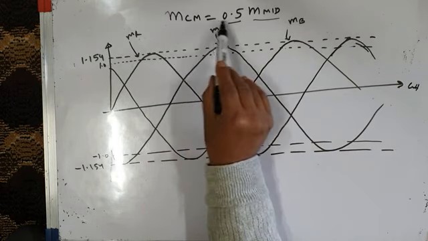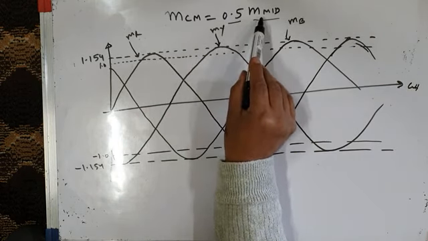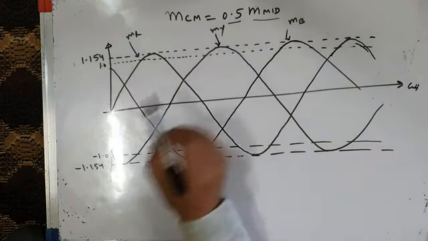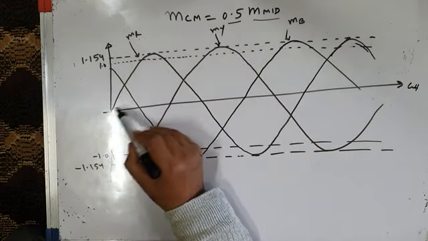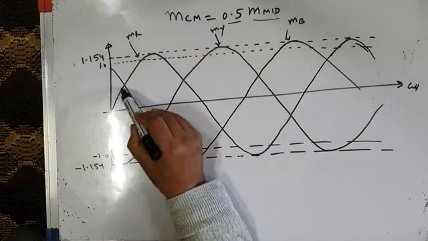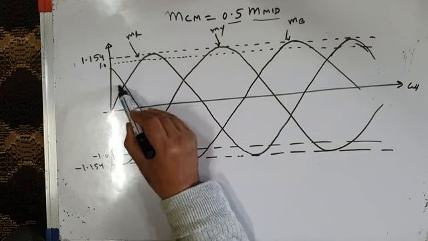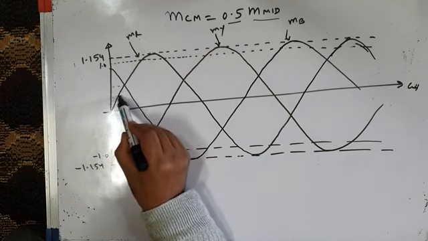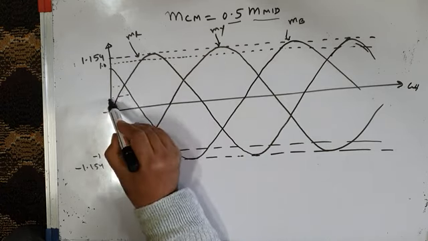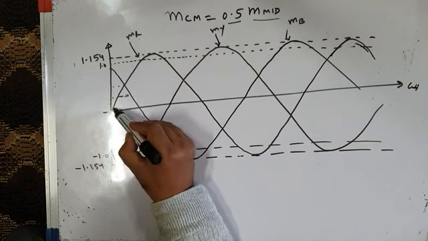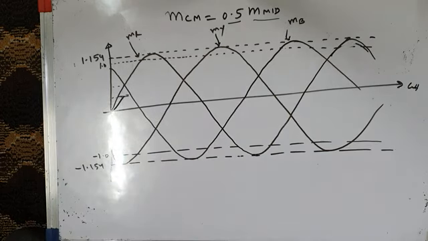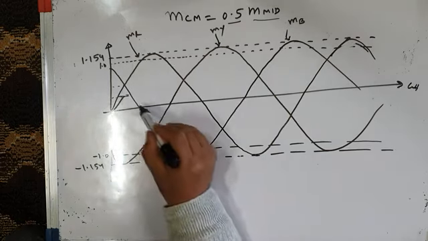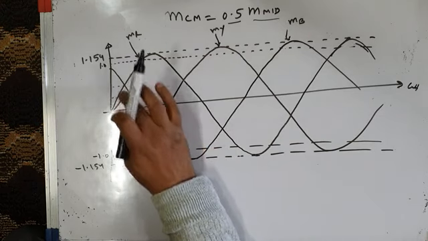And what is the common mode signal? That's 0.5 M mid. Just a few moments back we found 0.5 M mid from 0 to 30 degrees. M mid is MR; MR is this much, half of it is this. So 0.5 M mid is this. From 30 to 60 degrees, it's again 0.5 M mid.